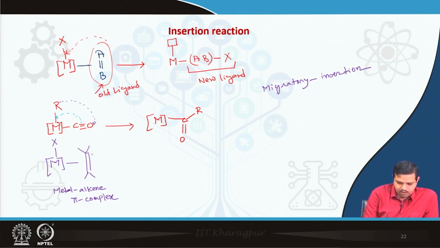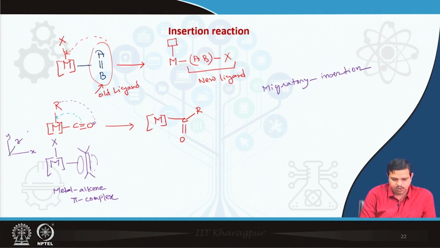These are my pi electrons, and this electron cloud is donated to suitable metal orbitals, for example like dx square minus y square. If you consider the plane, this is my x, this is y, this is z.